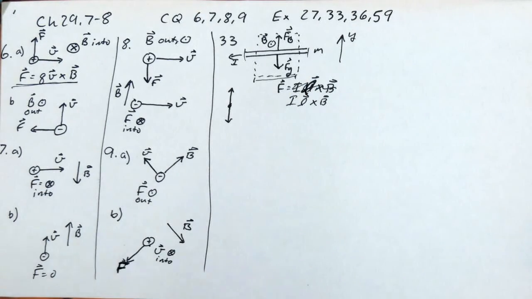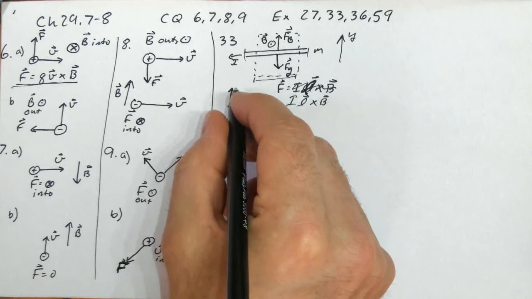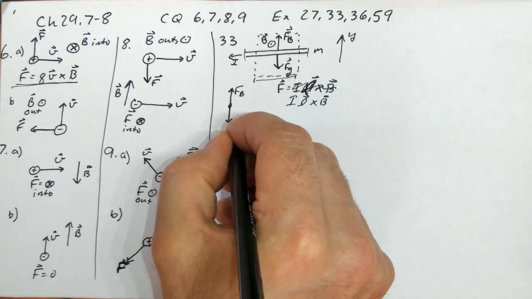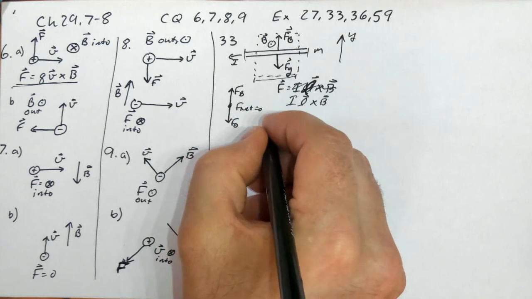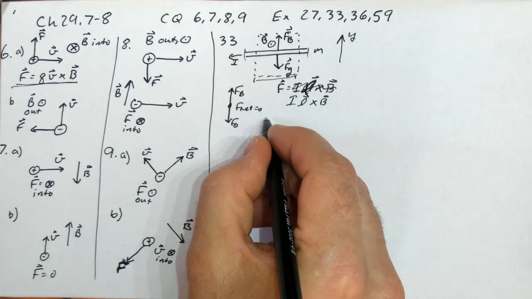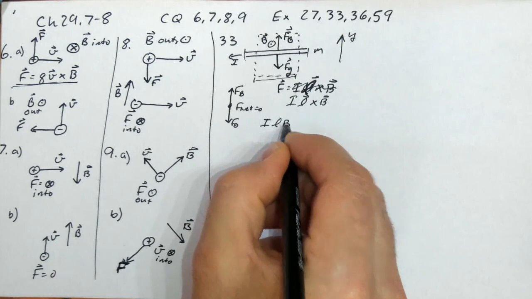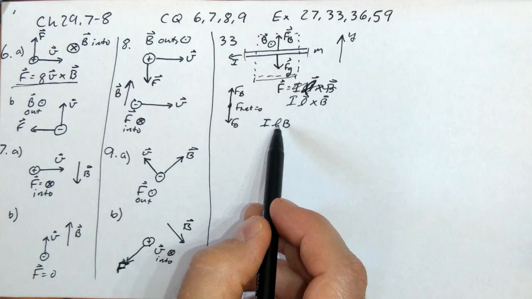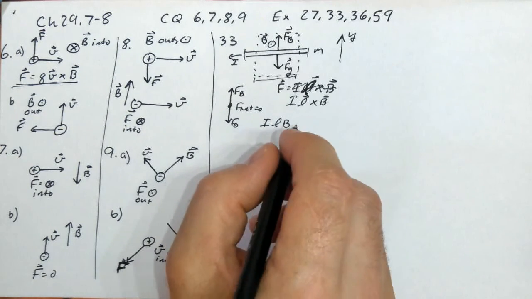All right, now that we've got that direction, we can just focus on magnitudes. Okay, so the size of this force, we have this F_B pointing up, this F_G down, and we know F net is 0, so we have our upward force of F_B, which is ILB. They're perpendicular, so we get just the products, the sine of 90 equals 1.